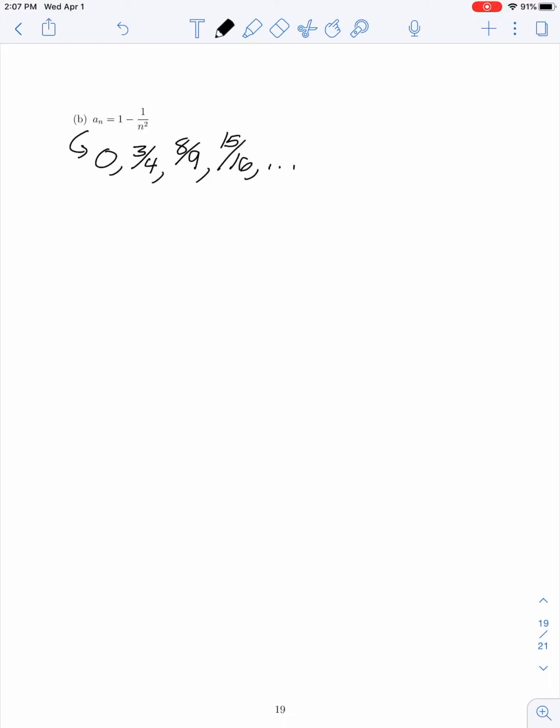If n was equal to 3, we would have 1 minus 1/9, or 8/9. If n is 4, we've got 1 minus 1/16, or 15/16, and so on. When we list the first few terms of our sequence, it appears that it is increasing. Let's see if we can verify that it is indeed increasing.